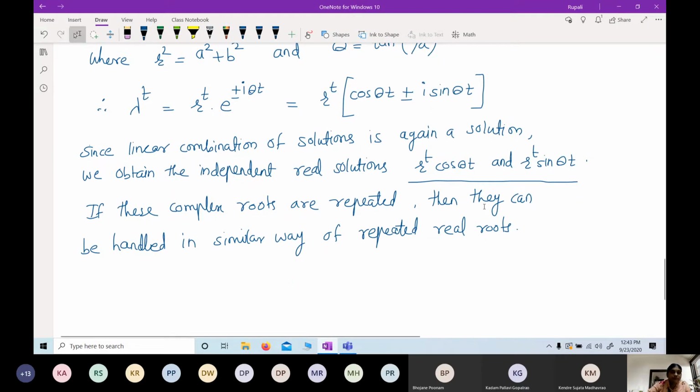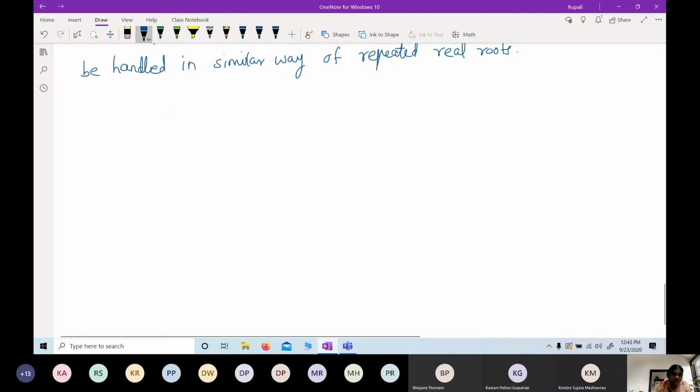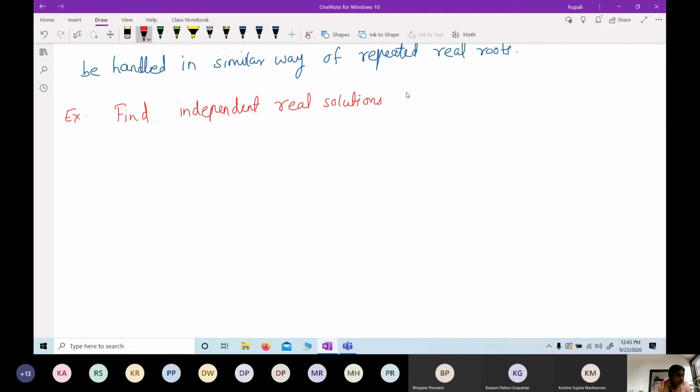Find independent real solutions of the difference equation u at t plus 2 minus 2 times u at t plus 1 plus 4 u at t is equal to 0.